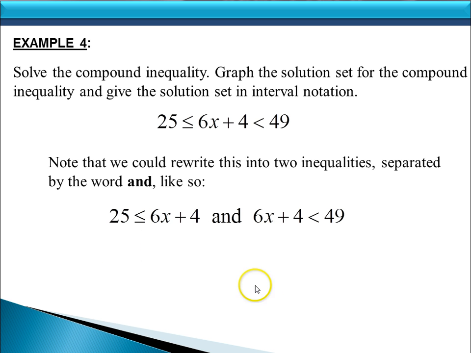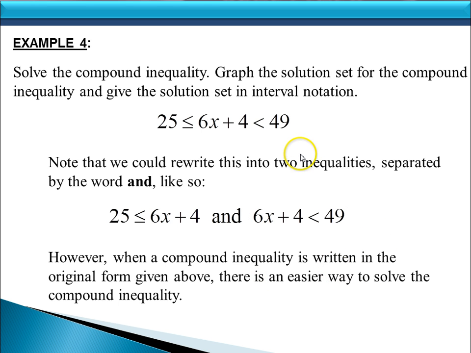We could solve each of them individually, graph them each separately, and go from there. But in this case, because of the way this is written, there's an easier way to solve the compound inequality instead of separating it out like that. So let's see how we would approach a compound inequality that's written in this form.